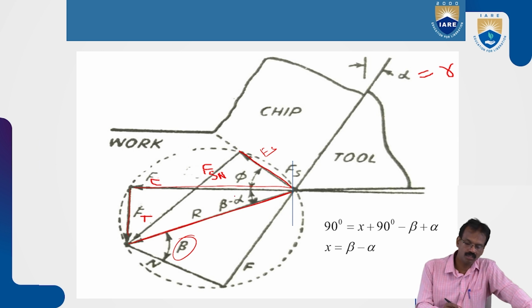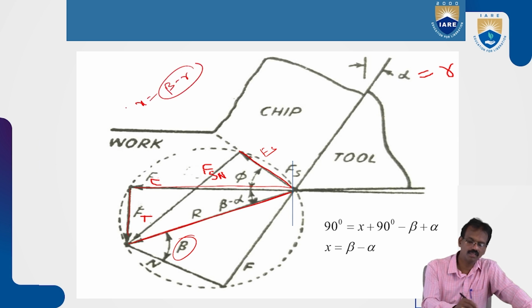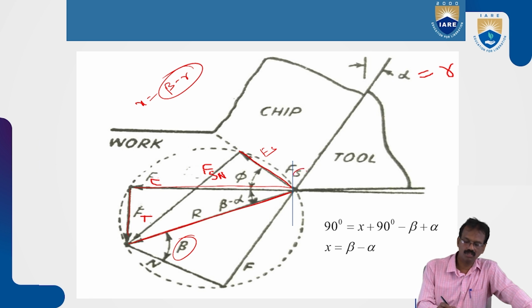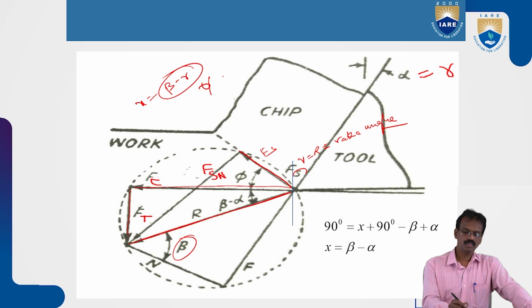You know that the x value is already found: x is equal to beta minus alpha, or gamma, anything you can take. Alpha or gamma is nothing but the rake angle. Phi is the shear angle, you know this one.